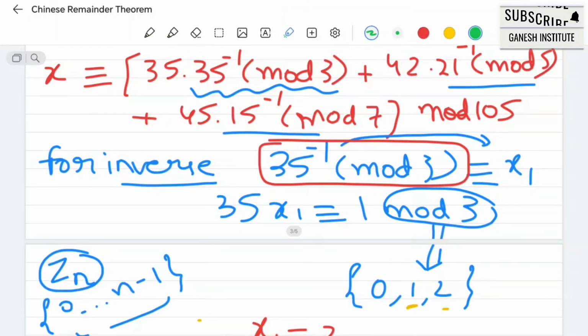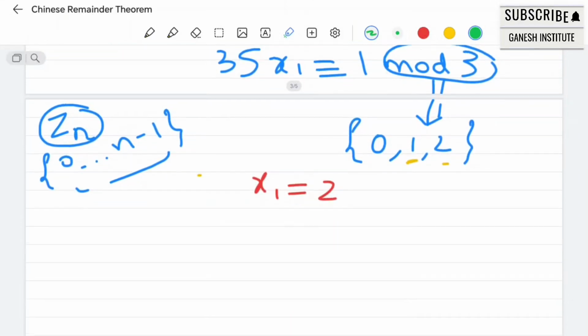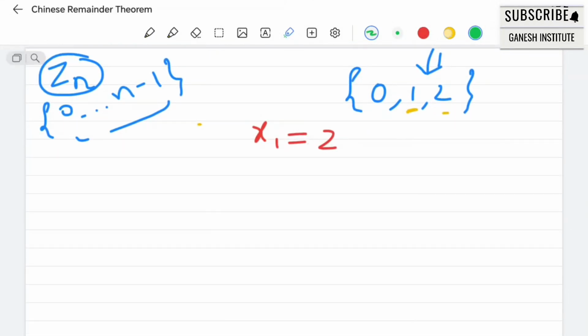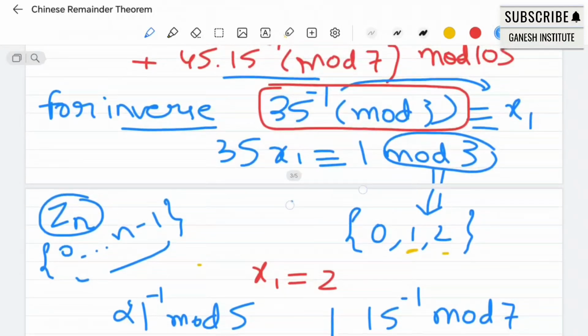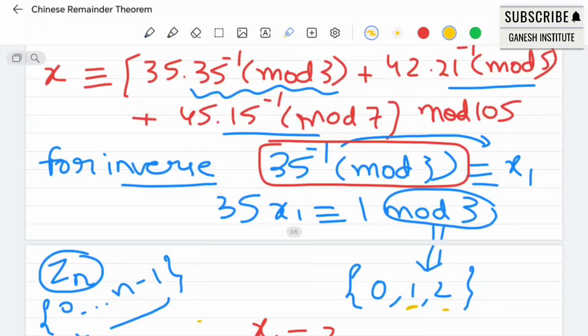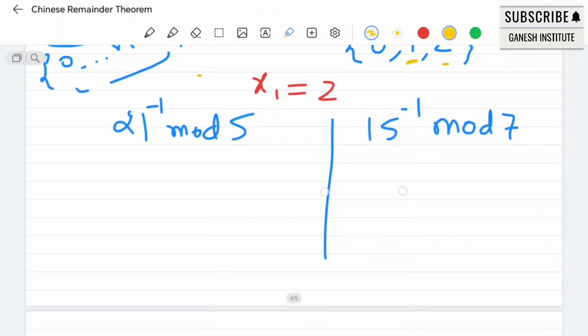Next, we will find out this 21 inverse modulo 5 and 15 inverse modulo 7. These two we have to find out.